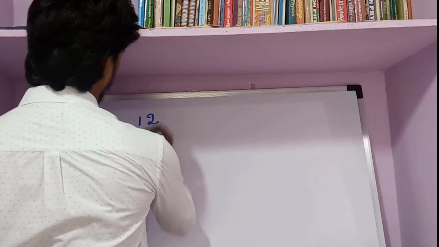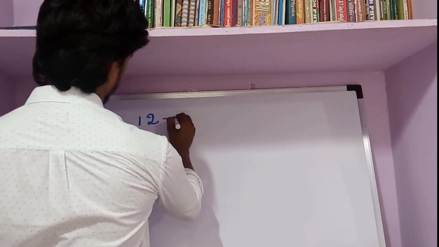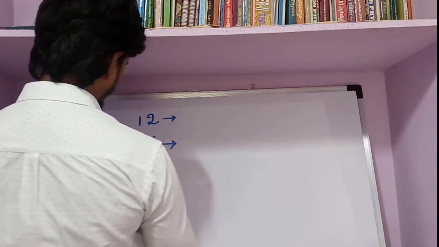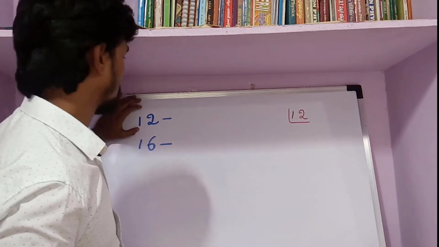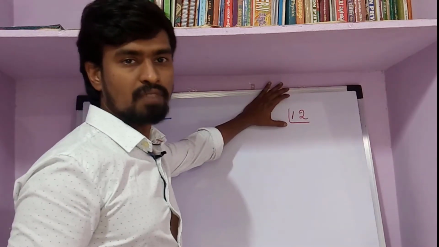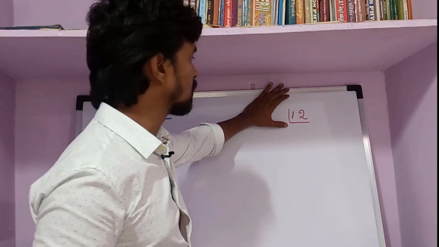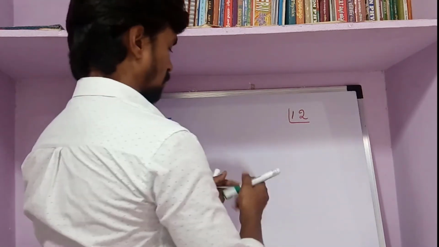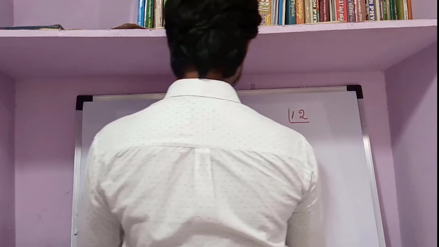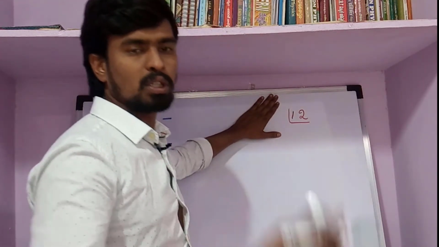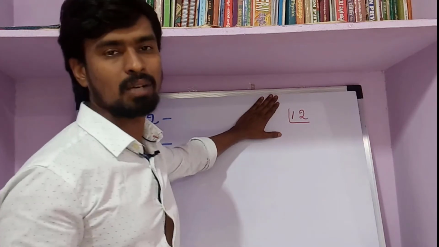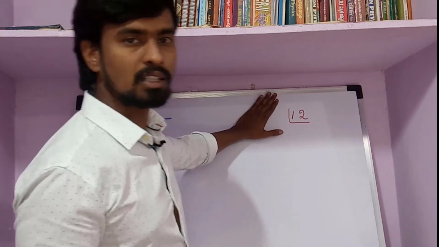So now take two numbers and find the prime factors of the two numbers, 12 and 16. So first we have to find the prime factors, right? Now let's find the product of the prime factors of the 12. To find the prime factors of the 12, we need to choose the division method. In this method, we have to take only prime numbers. So we know that 2, 3, 5, 7, 11, 13, these are the prime numbers.